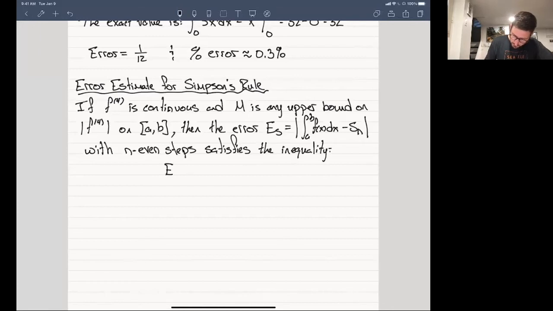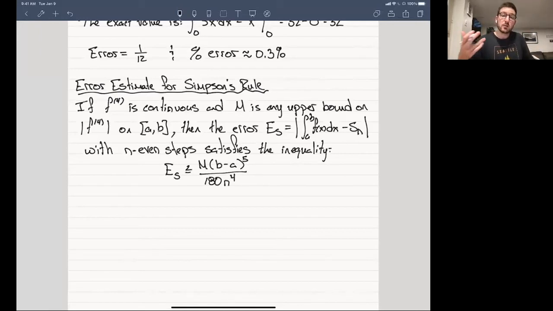You have the Simpson's error is less than or equal to, there's the M, just like the trapezoidal, (b minus a) to the power of 5 divided by 180 n to the 4.